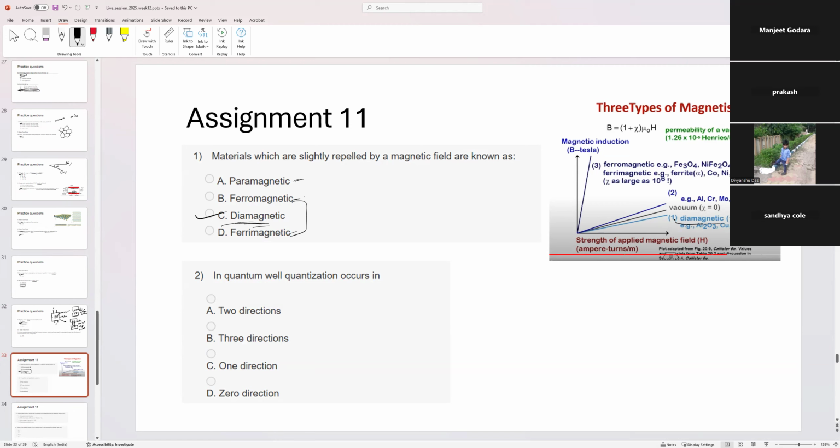Quantum well quantization occurs in... a quantum well is something like this. So only in this direction it gets quantized. So only in one direction.